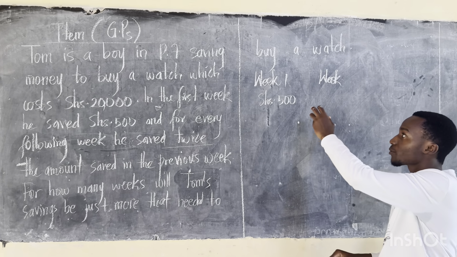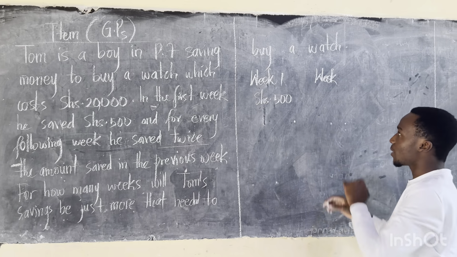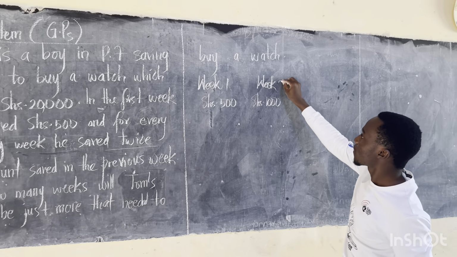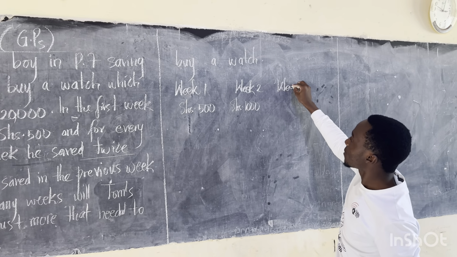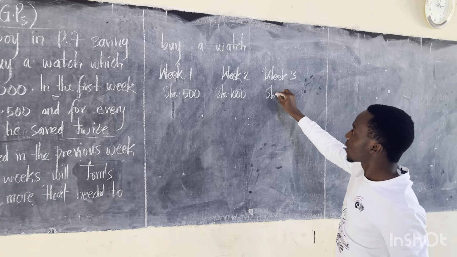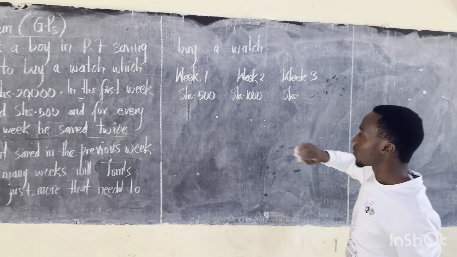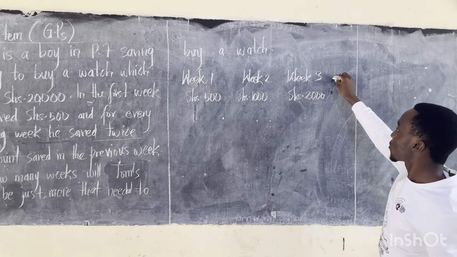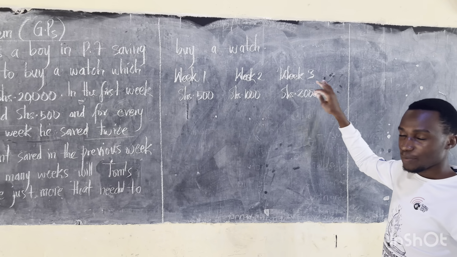That means in week two, it should be twice this amount, so this will be 1,000 shillings. And in week three, the boy saved still twice that of the previous week, so that is 2,000 shillings. And so on. The savings followed that pattern.